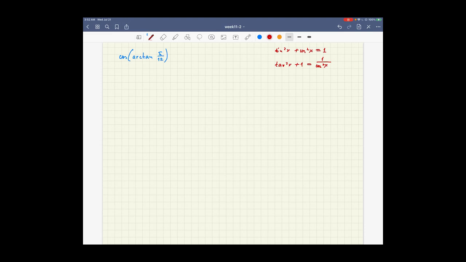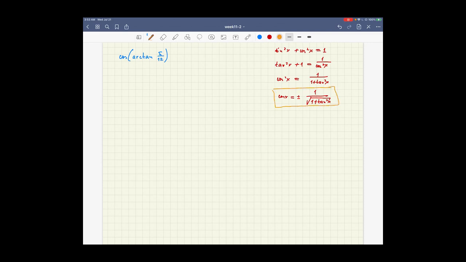And therefore cosine squared x equals 1 over 1 plus tangent squared. And therefore cosine x equals plus minus 1 over square root 1 plus tangent squared. We're going to use this here.